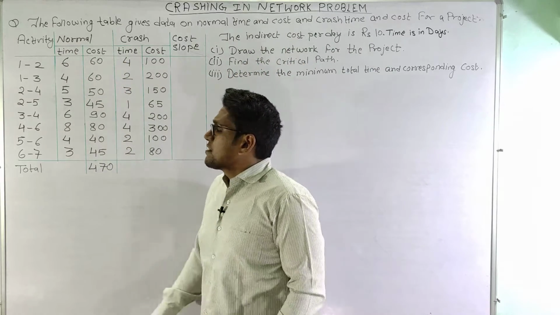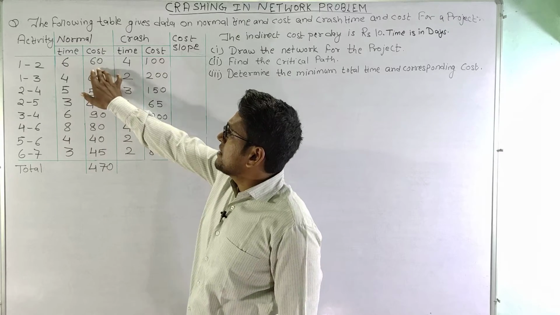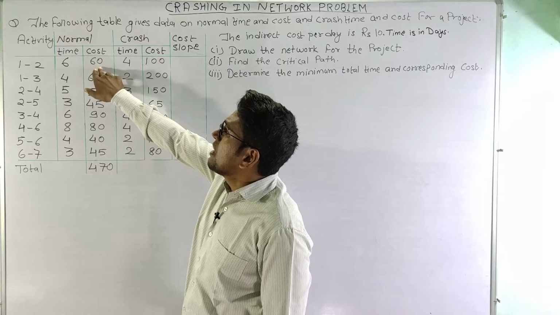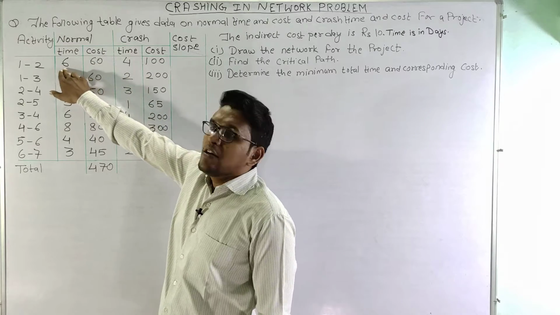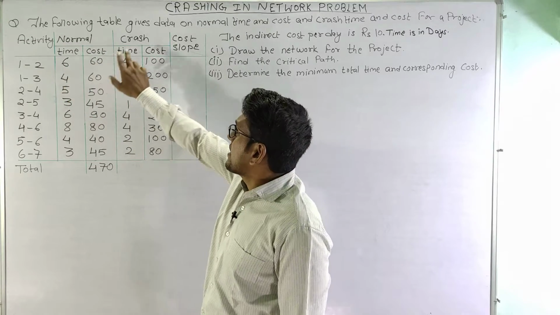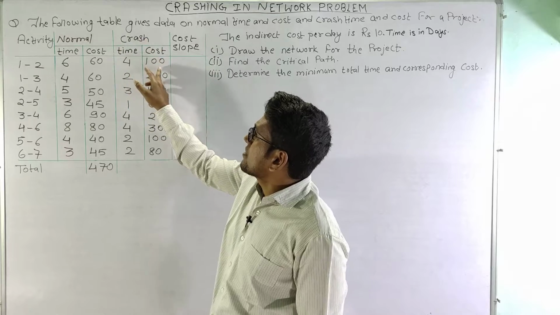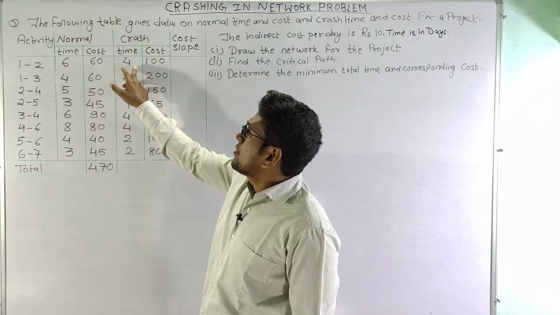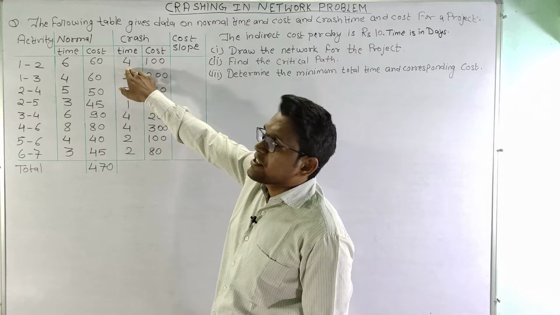So normal cost is the direct cost that is incurred when the activity is carried out in normal time, whereas the crash cost is the direct cost that is incurred when the activity is carried out in crash time.